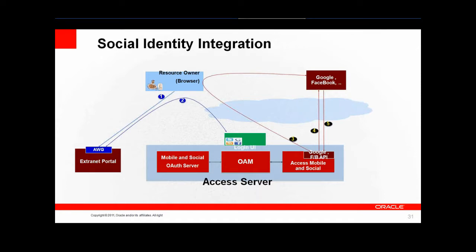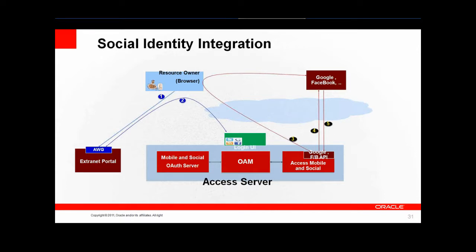In the case of OpenID, meaning in the case of Google, once you are authenticated, then it will send information to social, a token that contains user attribute information. So the mobile and social can use that information to then link or create a user account locally and then let the user access that information.